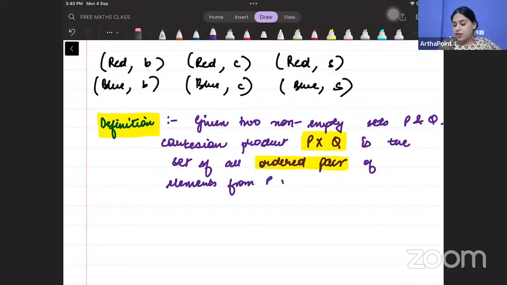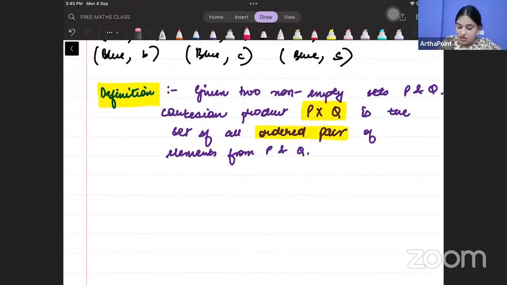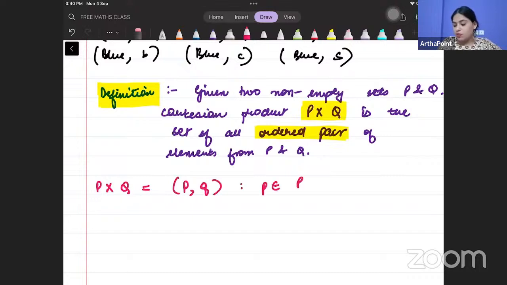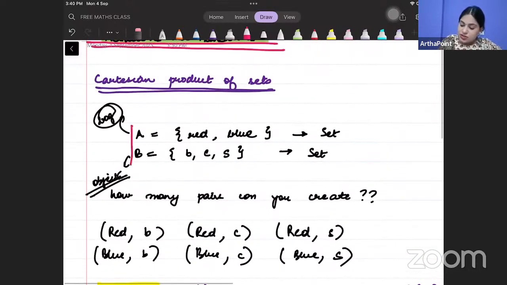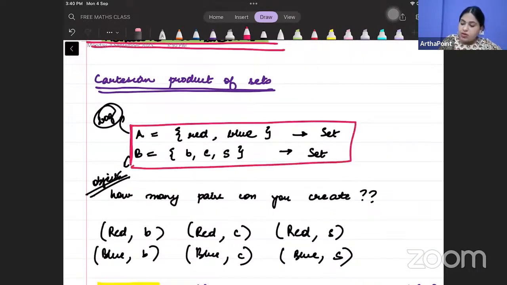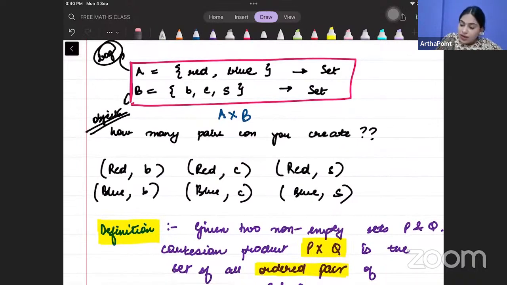from P and Q. ठीक है, so देख लेते हैं एक बारी, what am I saying? P cross Q क्या हो गया? एलिमेंट ऑफ P फर्स्ट एंड एलिमेंट ऑफ Q लेटर, है ना? तो p should belong to P and q should belong to Q. ध्यान से समझना, यहाँ पे this was given to me, A and B. So बेटा when I did A cross B, तो A का एलिमेंट पहले लिखा गया है हर जगह पे.